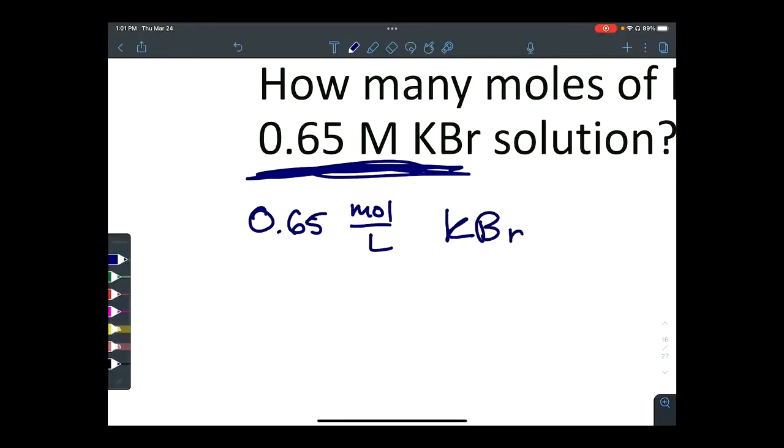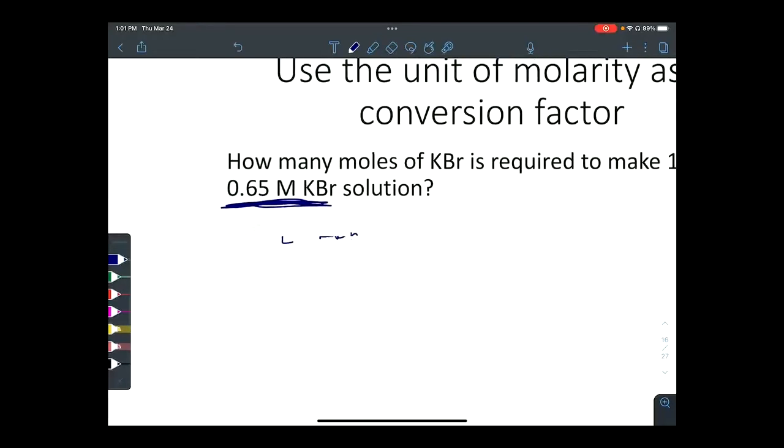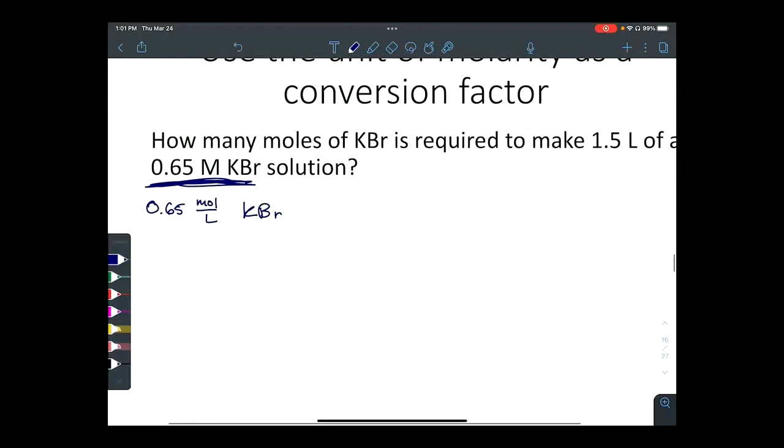We can rewrite this molarity value into a conversion factor that can be useful for us. Just like all derived units, the number goes with the top unit, and the bottom unit gets an implied 1. So this molarity value means there's 0.65 moles of KBr in 1 liter of solution. That is a conversion factor that I can use.